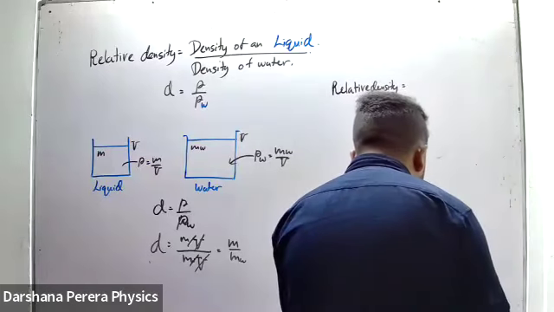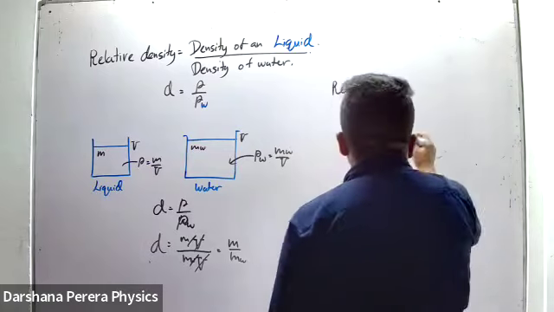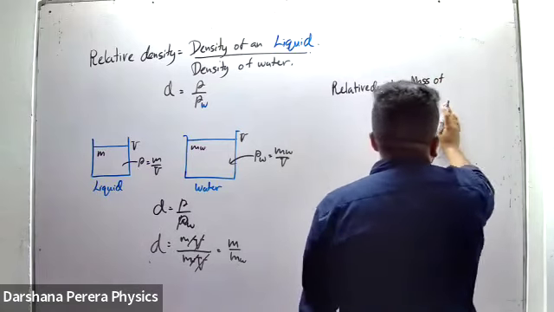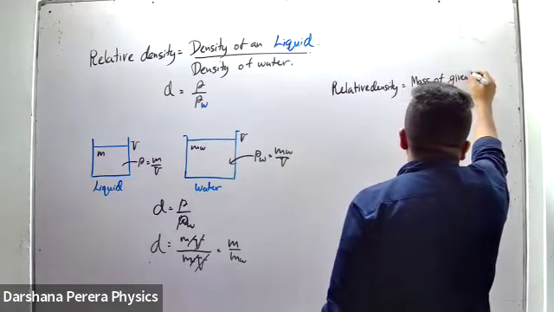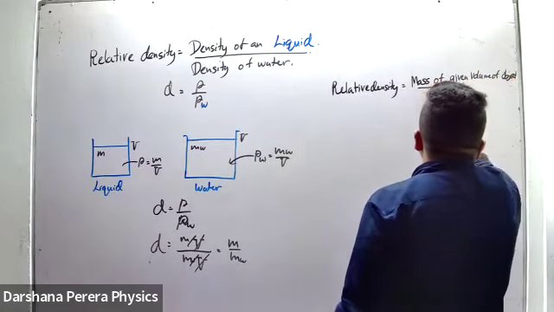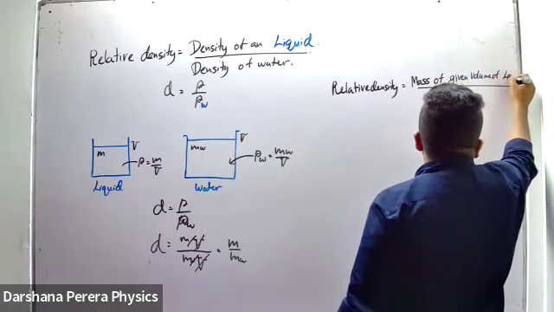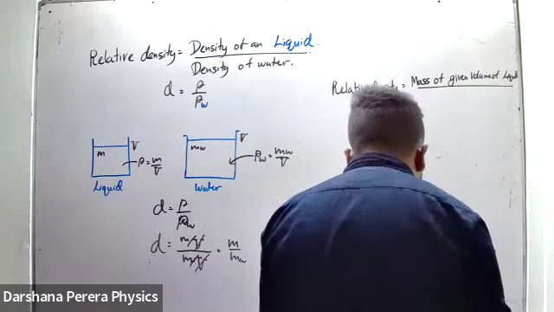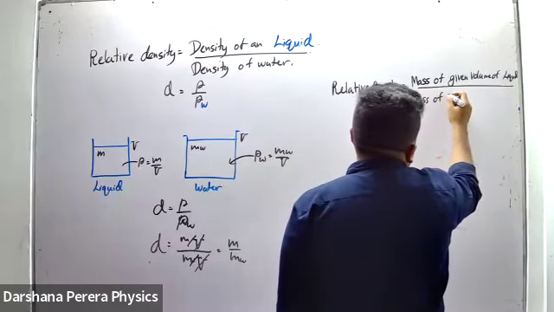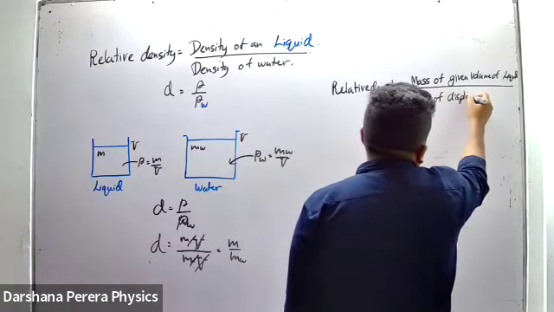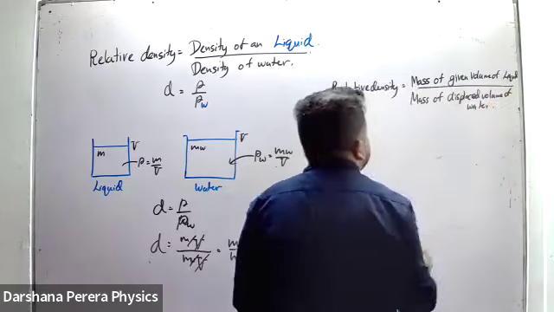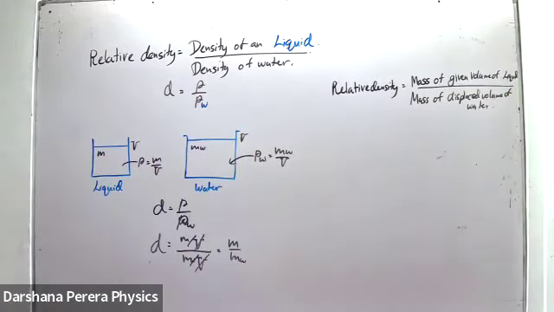So mass of the water means the mass of the given volume of the liquid, the mass of the displaced volume of water. It can be written as this.